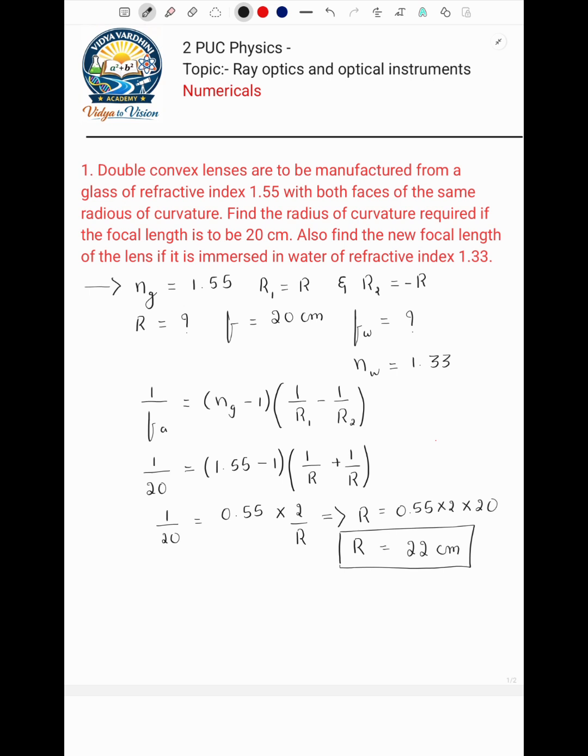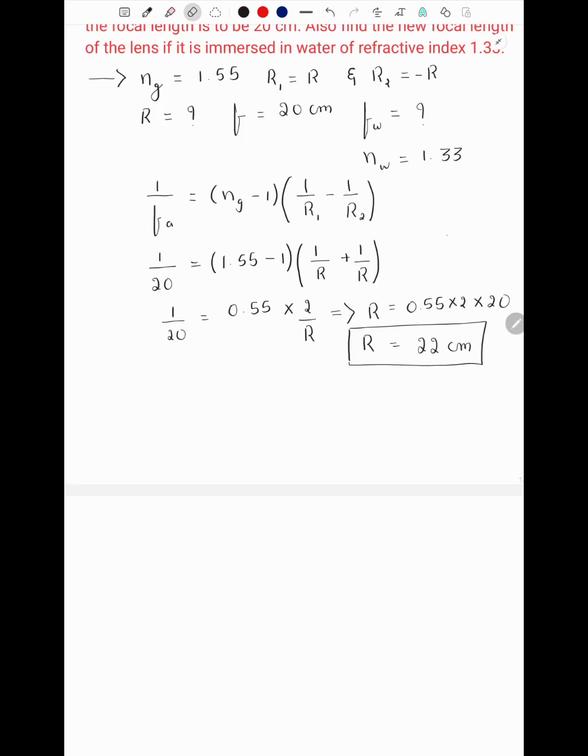Now the second question: find the focal length of the lens when it is immersed in water. We know the formula: F_W by F_A is equal to (N_G minus 1) divided by (N_G by N_W minus 1).